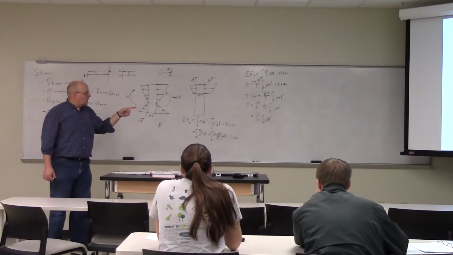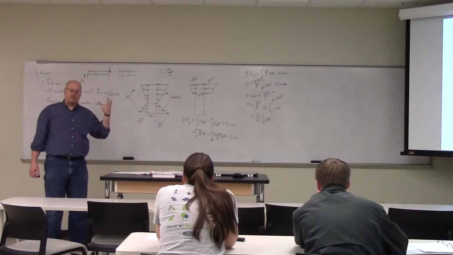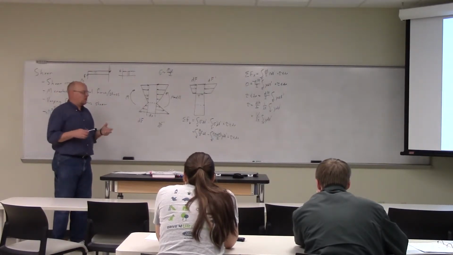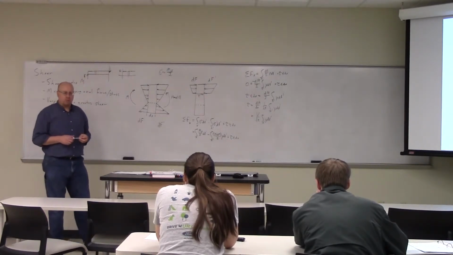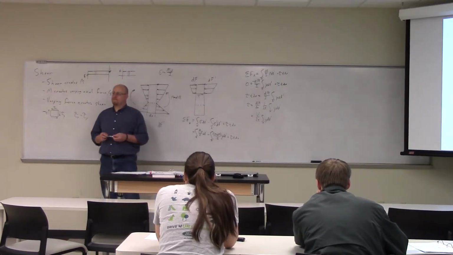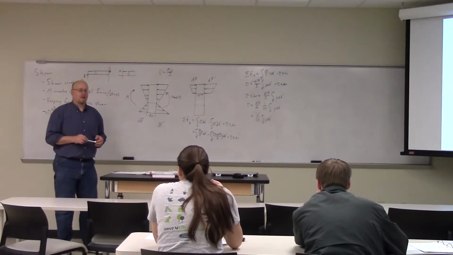That integral over A prime of y dA prime, what kind of function does that look like? We've seen a similar function before, just in other problems. Isn't that just the centroid? It's the numerator of the centroid, right?